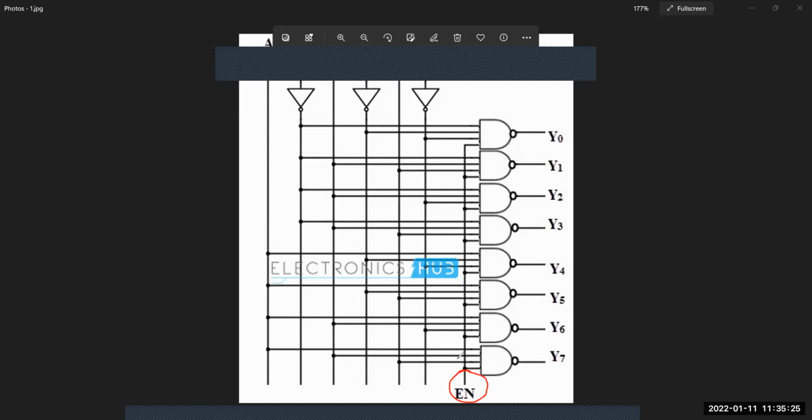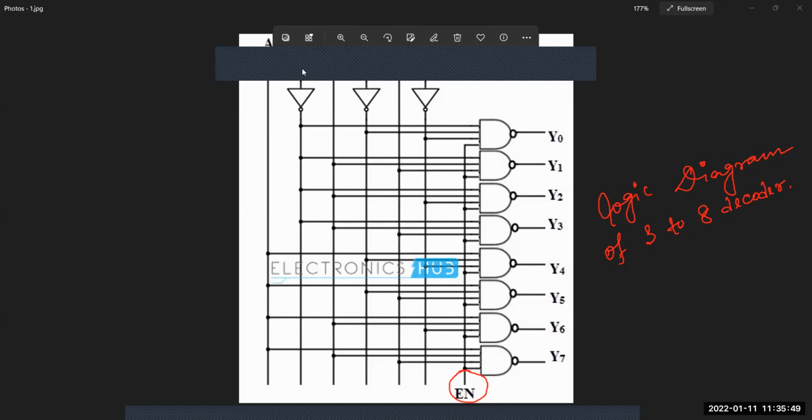So is there any doubt about the 3 to 8 decoder? This is the logic diagram of the 3 to 8 decoder.